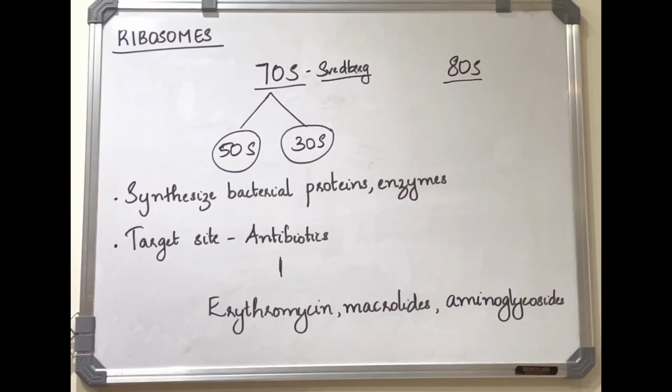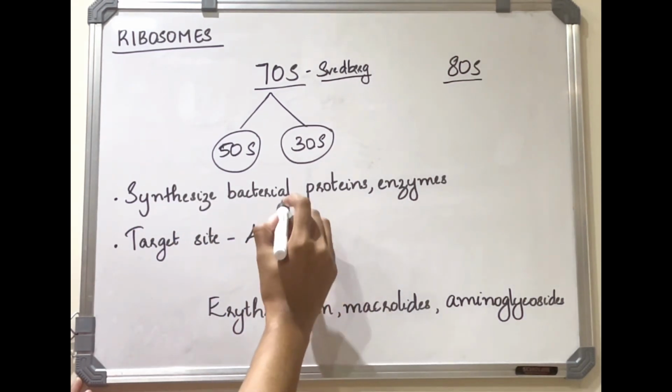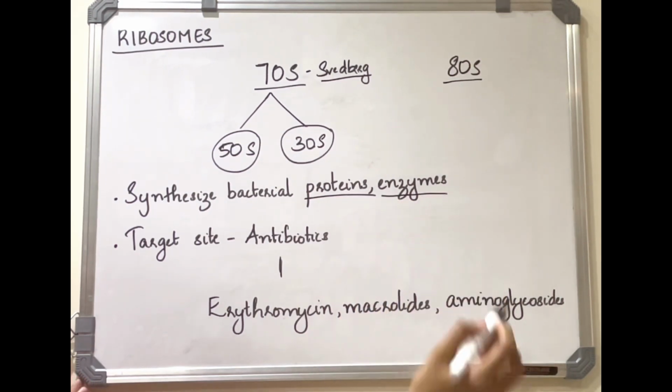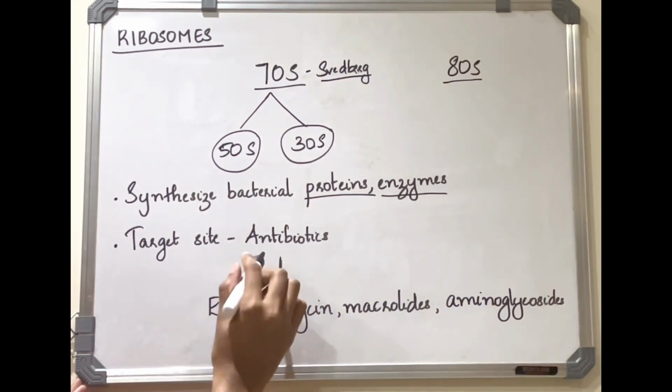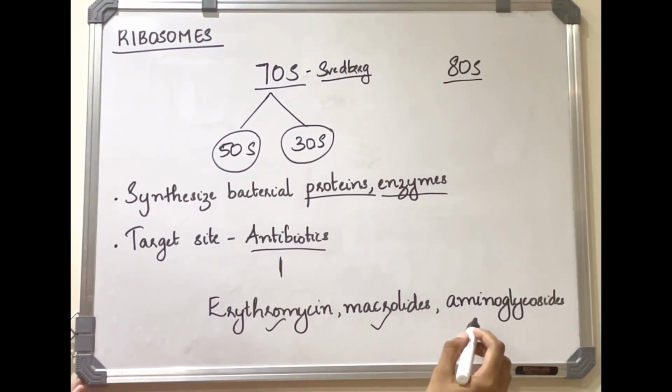The main function of these ribosomes is to synthesize bacterial proteins and enzymes. And also these ribosomes are target sites for antibiotics such as erythromycin, macrolides and aminoglycosides.